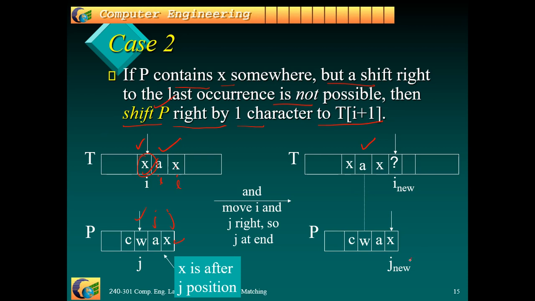Then again, J starts from the last character of your pattern. Correspondingly, I will also be changed with a new position in T. Again, you start comparing both I and J, and the next iteration continues like this.